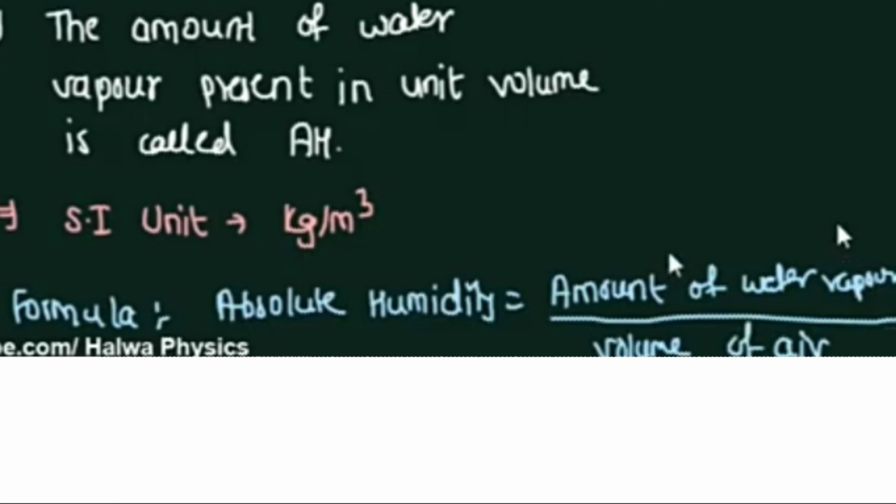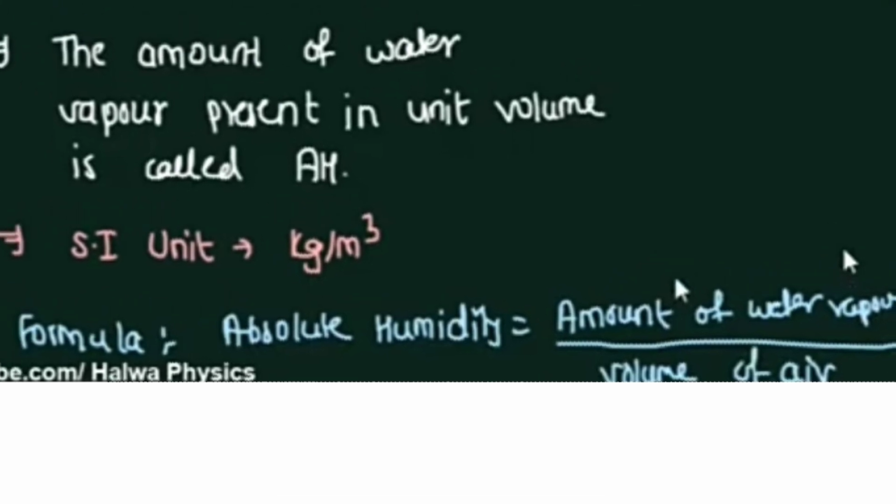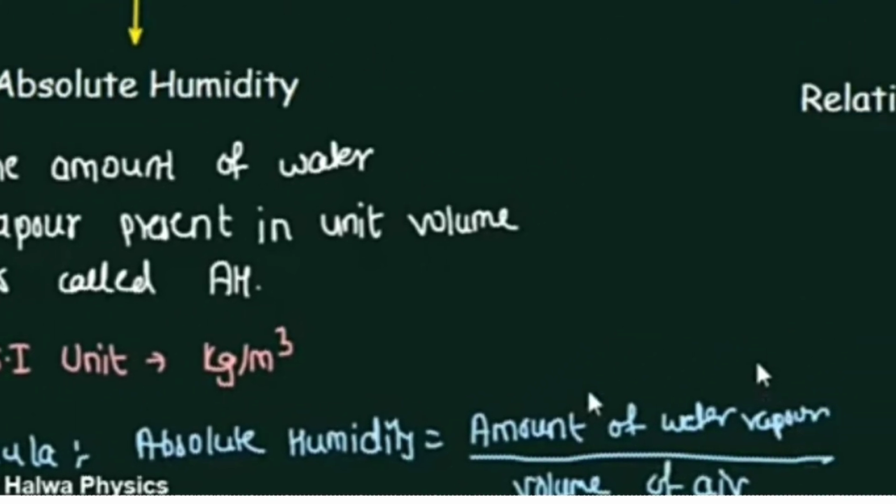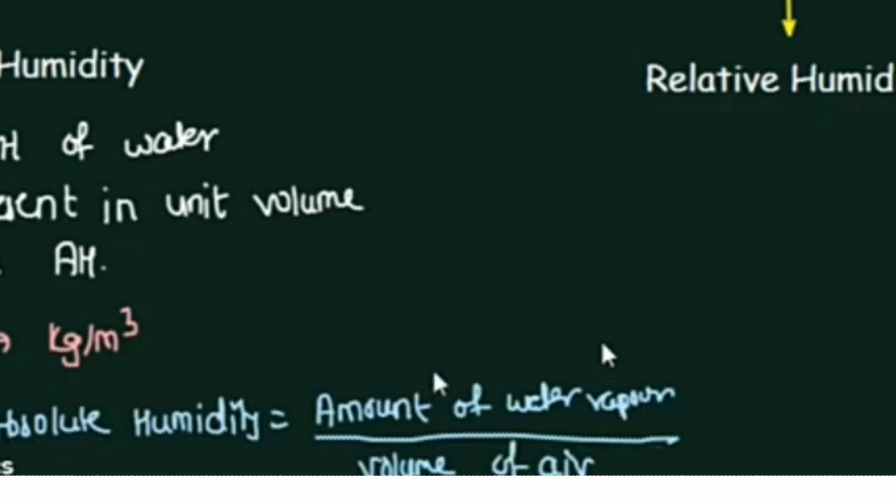Whatever container you are taking, it can be a room, a small vessel, or a huge building. So the absolute humidity is the amount of water vapor present in a given container divided by the volume of the container. So it is kg per meter cube in SI unit.